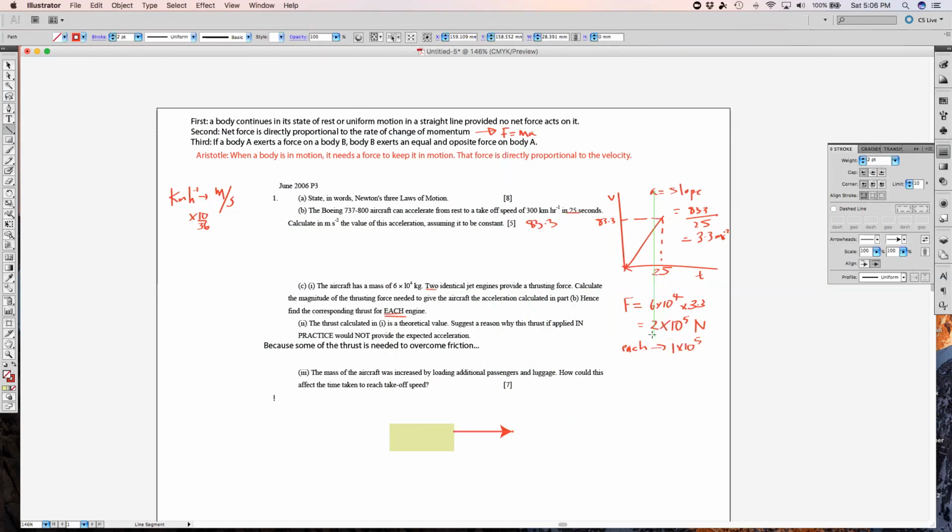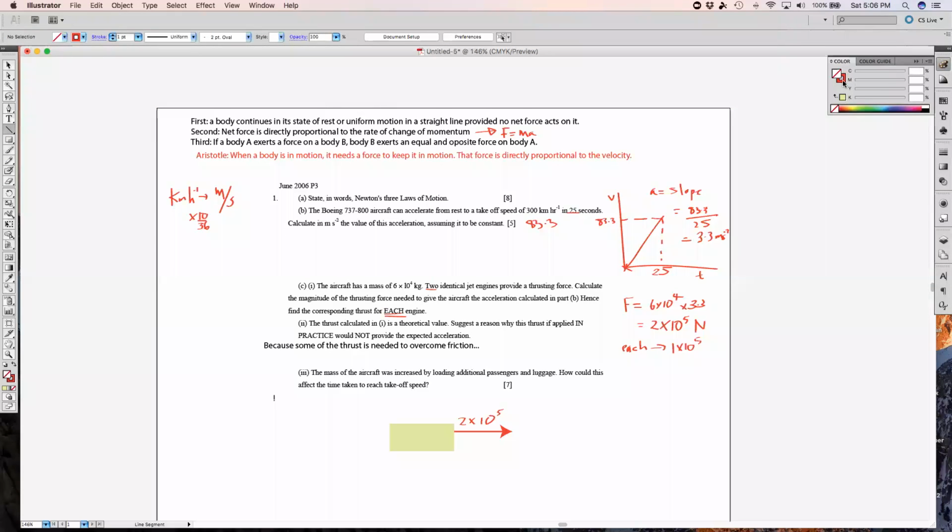This force is the 2 by 10 to the 5 that we're talking about. And the calculation is telling us this would be sufficient, but we have forgotten about the existence of another force, frictional force and air resistance.